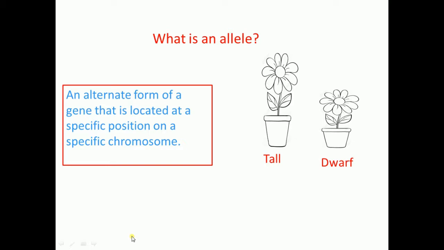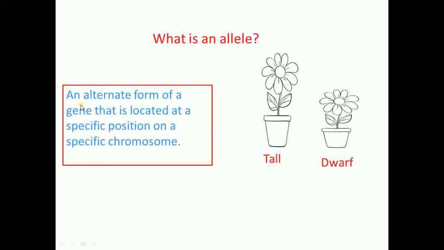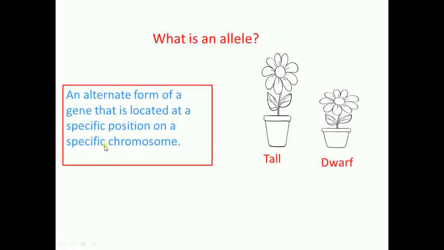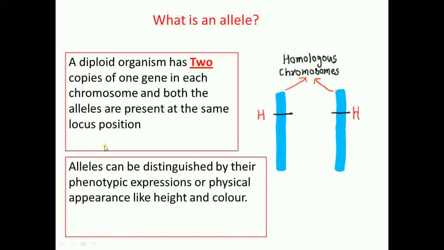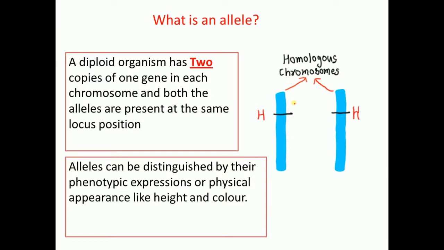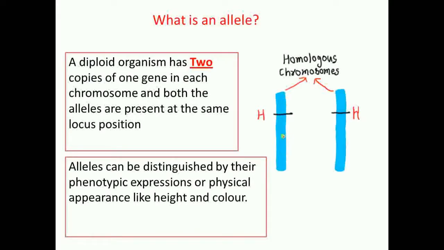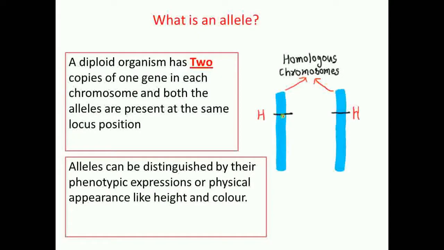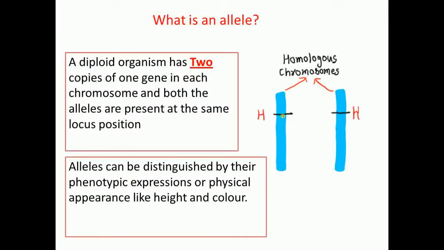So the book's definition says an allele is an alternate form of a gene that is located at a specific position on a specific chromosome. So if we consider this as one chromosome, at a specific position or locus, a gene would be present on a chromosome which codes for a certain protein.